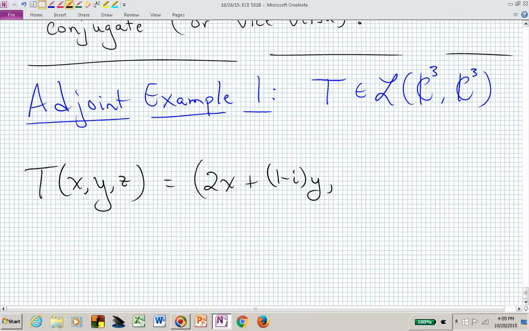That's the first coordinate. The second coordinate is the complex scalar 3 plus 2i times x, minus 4iz. That's the second coordinate.